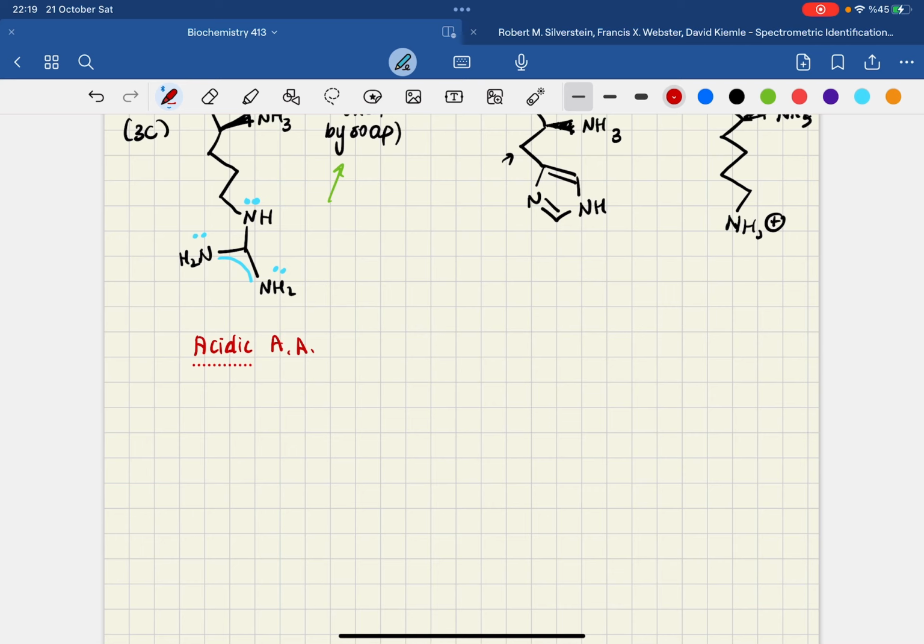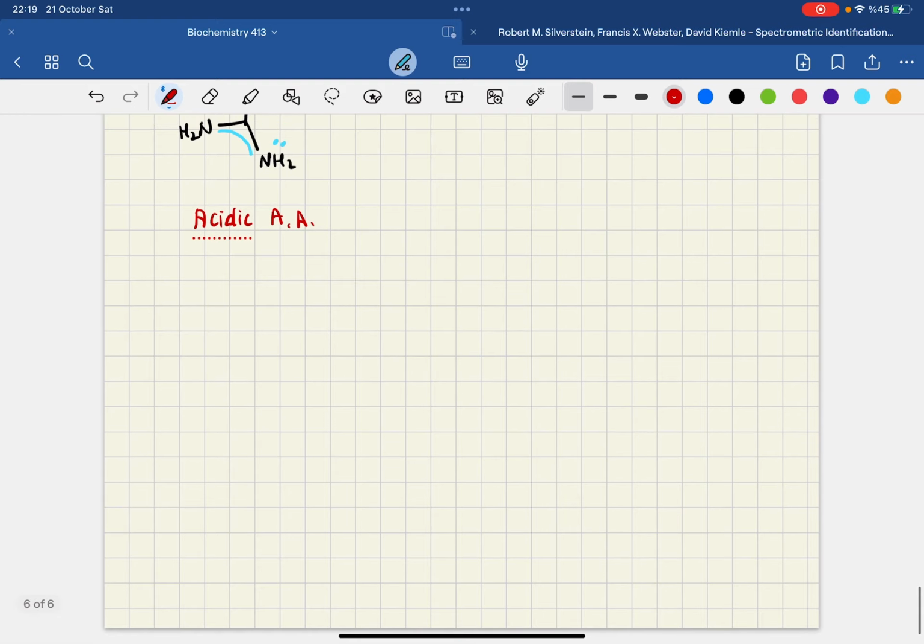So acidic amino acids, we have just 2, which are first aspartic acid and the second one is glutamic acid. Alright, now our aspartic acid, both are acids. As we know, the R group will include this structure over here.